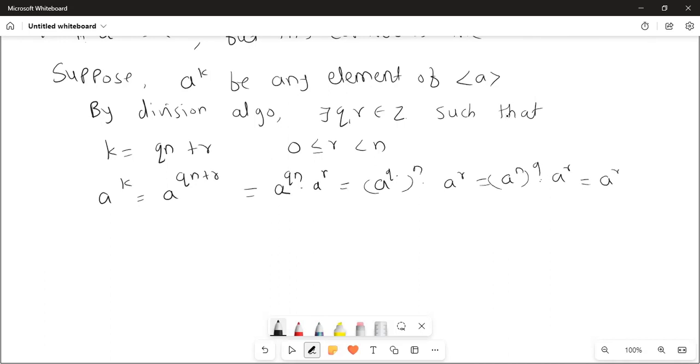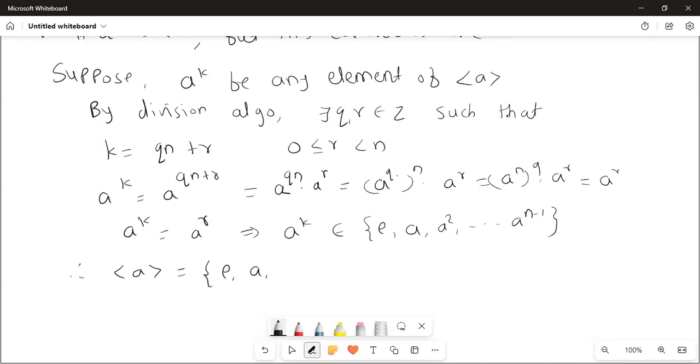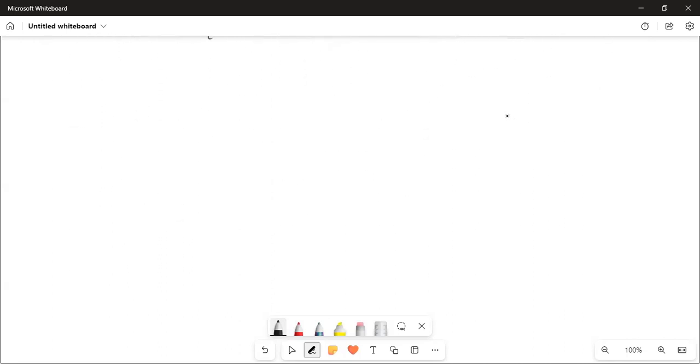Here a^r comes. That means a^k = a^r, where a^k also belongs to {e, a, a^2, up to a^(n-1)}. And therefore the generators of A = {e, a, a^2, up to a^(n-1)}.